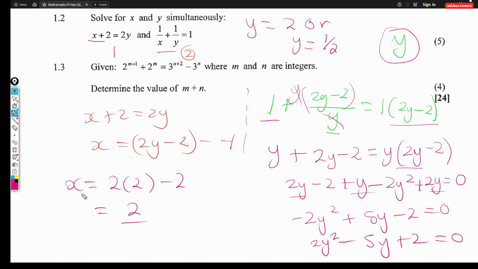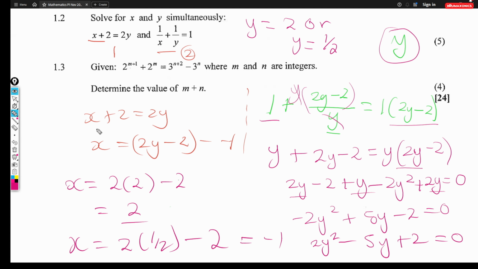And then the other one will be x equals 2 times half, minus 2, and then this will end up with what? This one is 1, this will end up with negative 1.